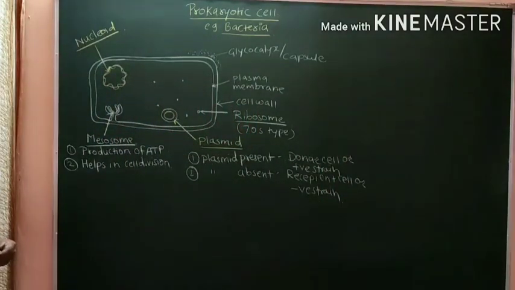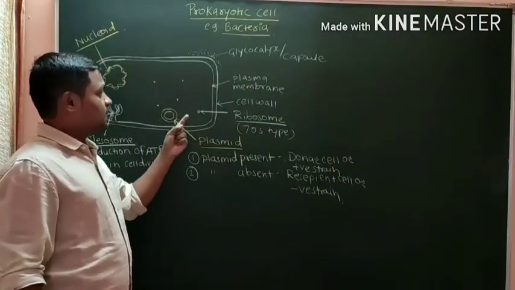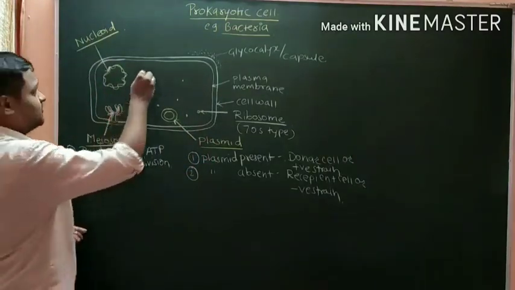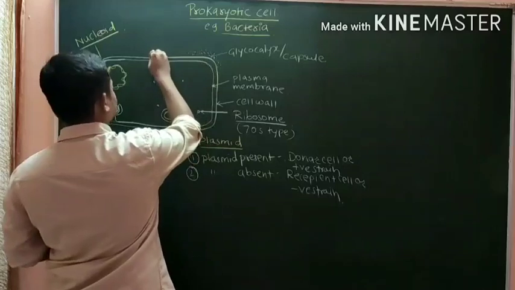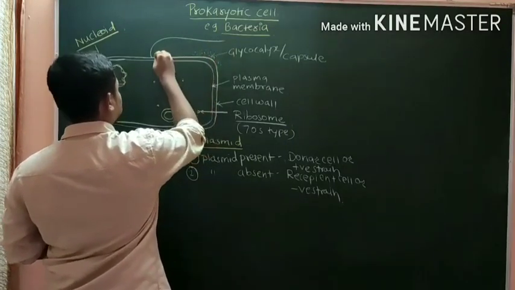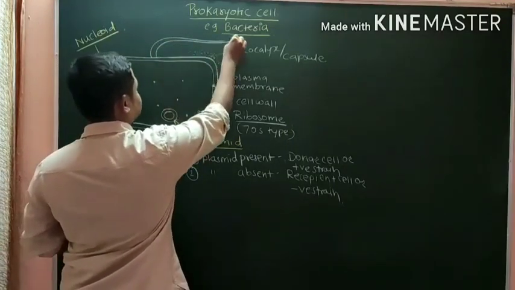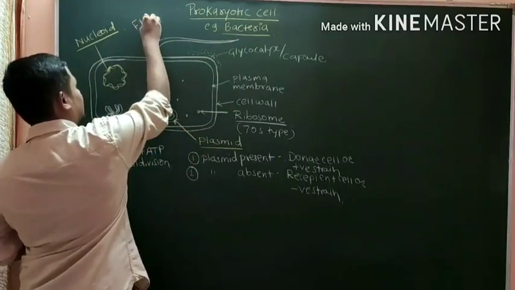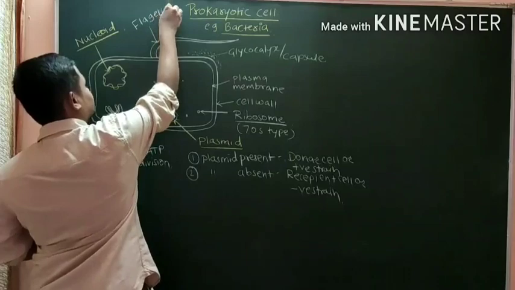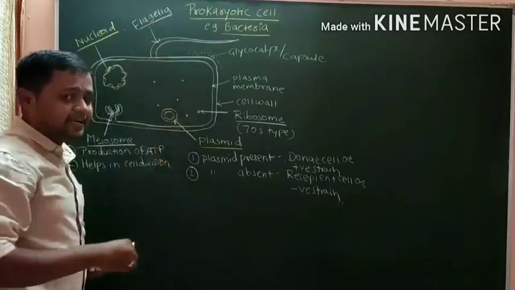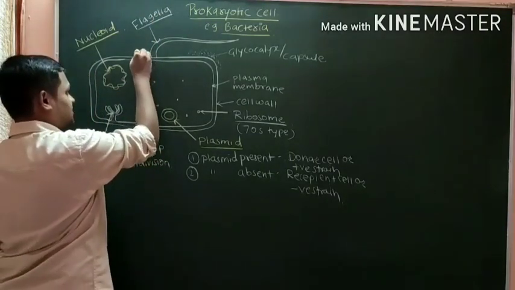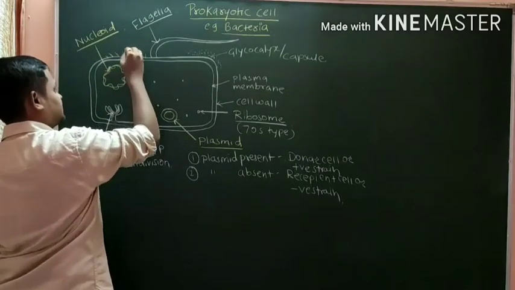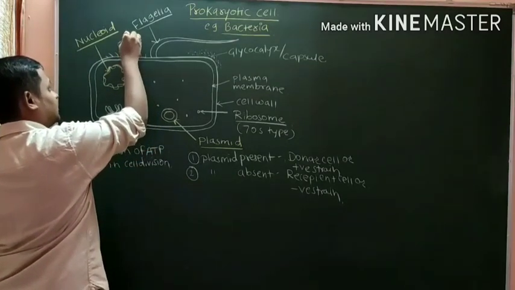After that, there are a number of outgrowths. The first one, a tail-like structure, is known as flagella. Besides that, some hair-like projections are also present throughout the cell wall. These are known as cilia.